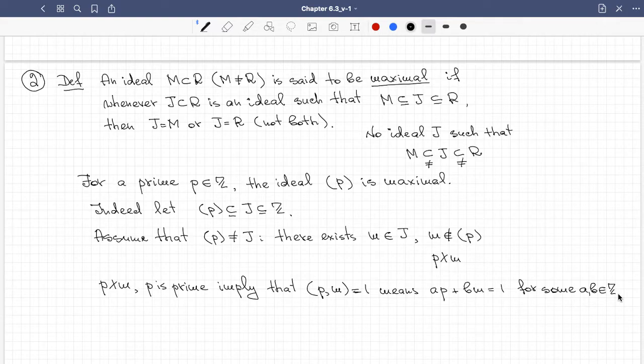Now, P is inside J. The whole ideal, all multiples of P, are elements of J. J contains the ideal of P, therefore it contains all multiples of P. Let me write it this way.